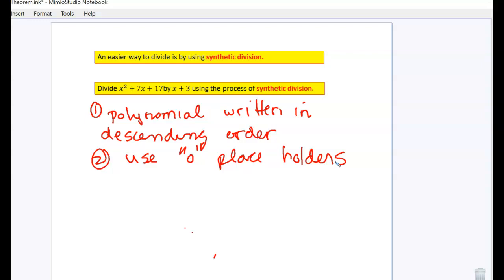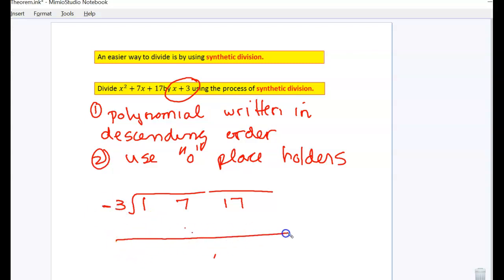Okay, I'm going to take the coefficients that are in front of my original polynomial. So there's a 1 in front of the x squared, there's a 7 in front of the x, there's a 17 as a constant, and I'm going to put the value that makes x plus 3 equal 0, which is -3.